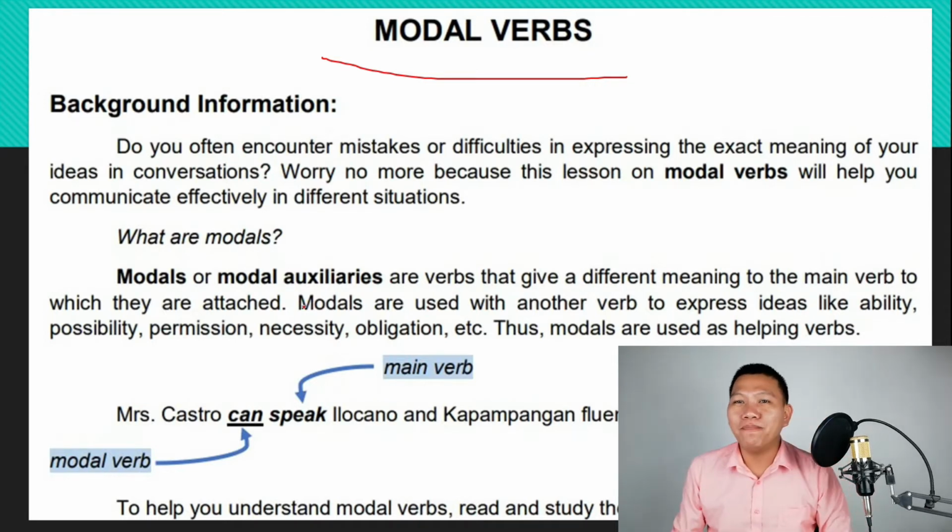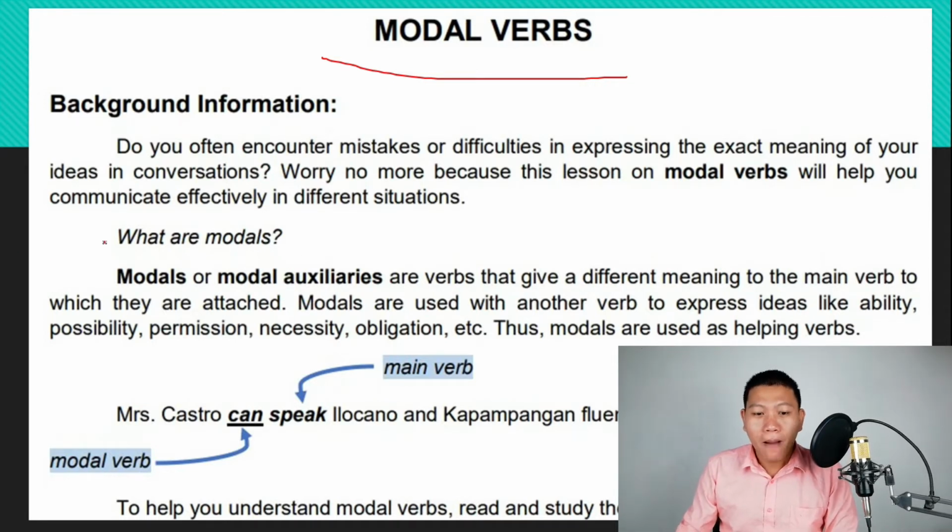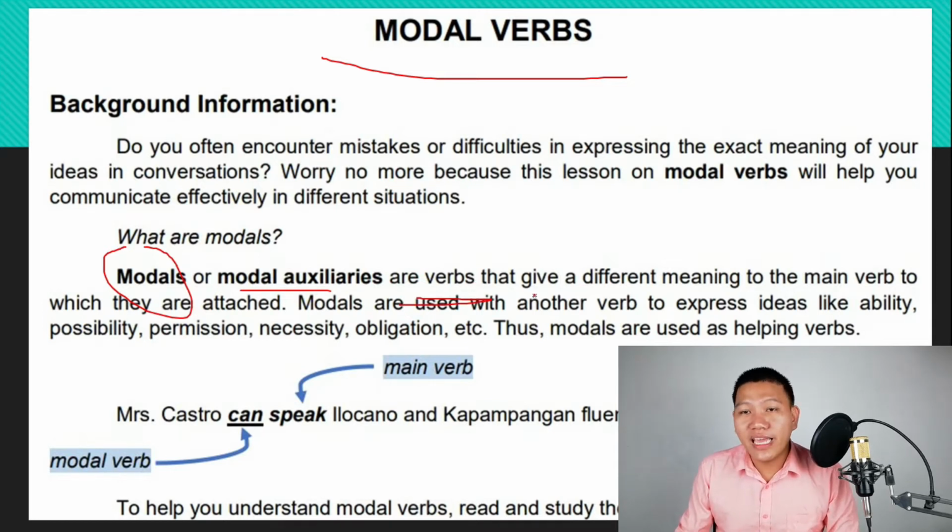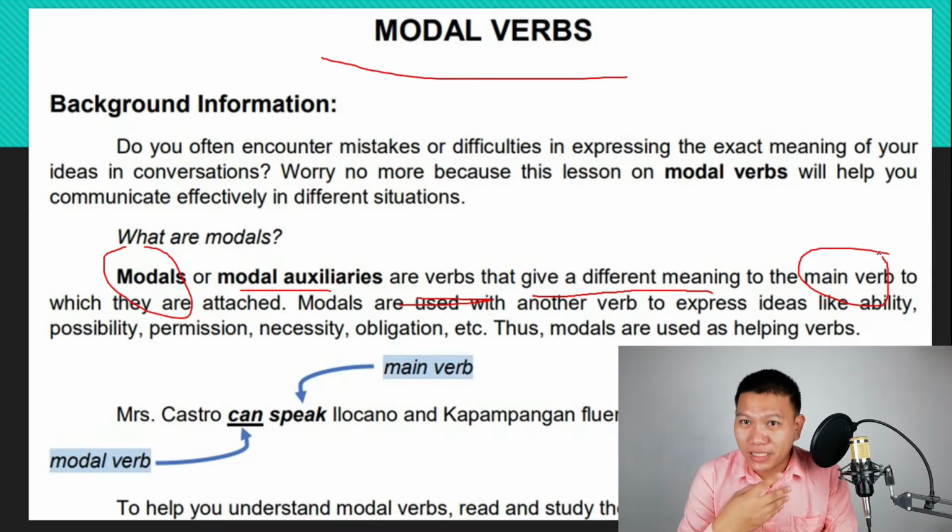Now, what are modal verbs? Modals or modal auxiliaries are verbs. However, they give a different meaning to the main verb. So these are verbs which are paired with the main verb to give a particular message or meaning you want to convey.